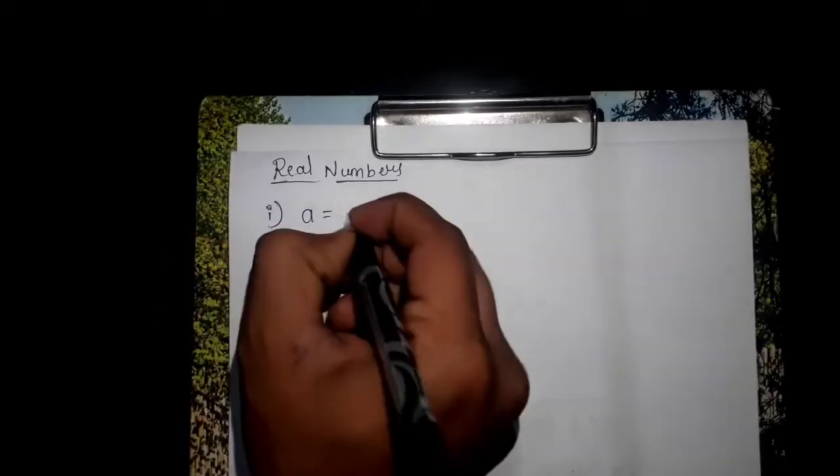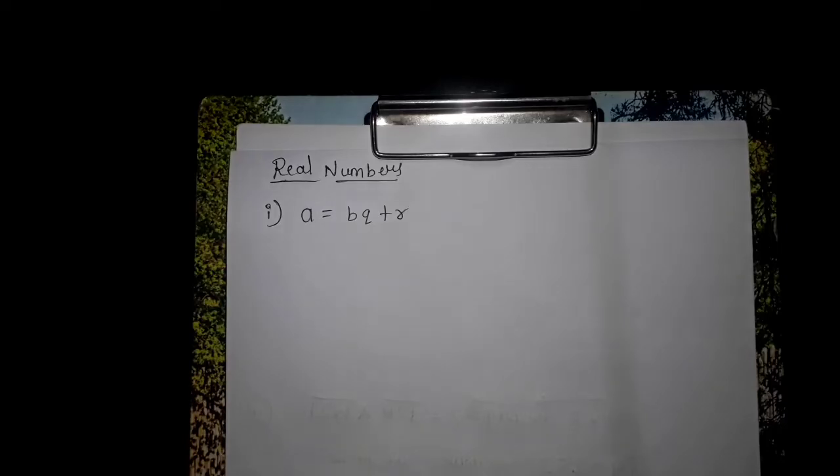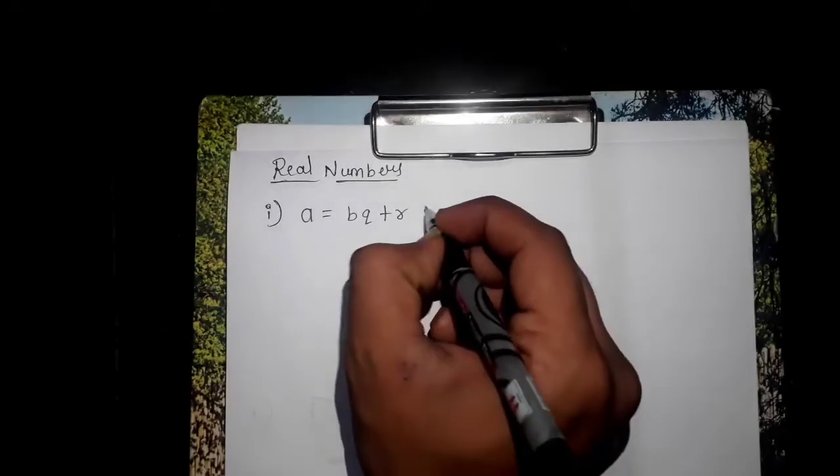In this chapter there are two major formulas. First one is A is equal to BQ plus R. This formula is also known as Euclid's division algorithm.